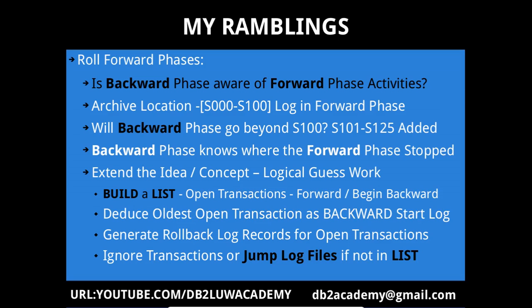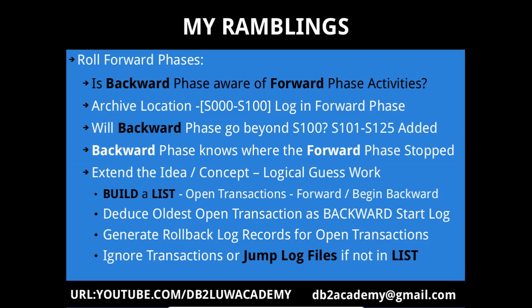If you start from 50, do you need to process 51, 52, 53, all the log files? Certain log files might have other transactions which are all committed or rolled back down the lane. If it is not in the list of open transactions, the backward phase can ignore those transactions, right?